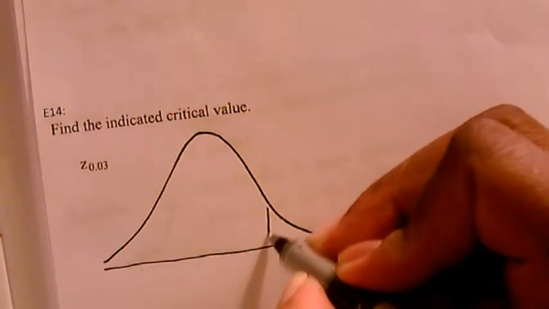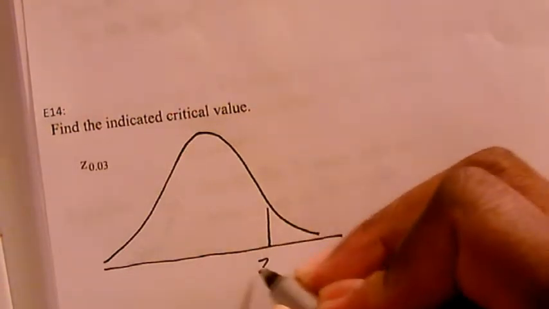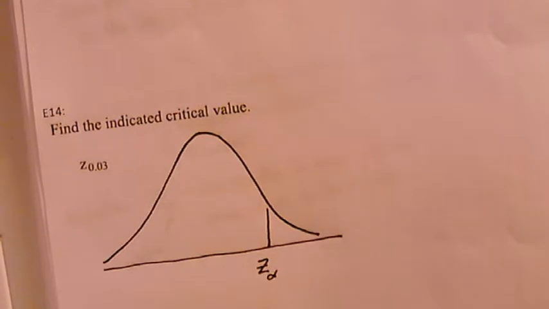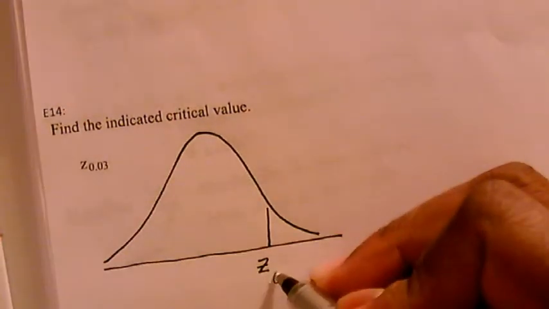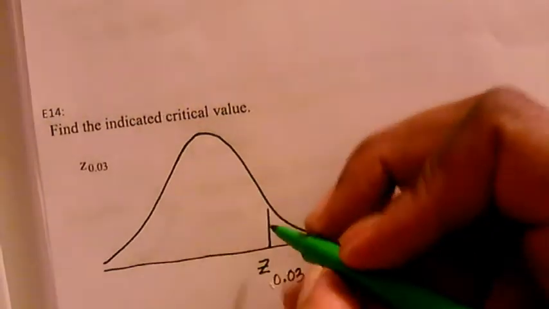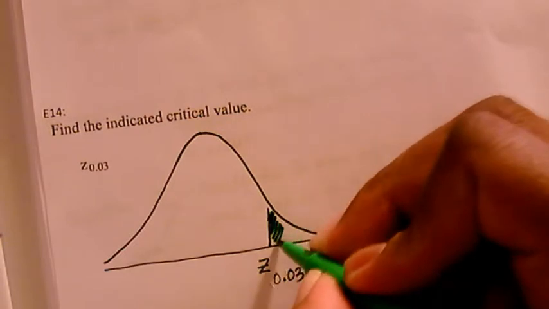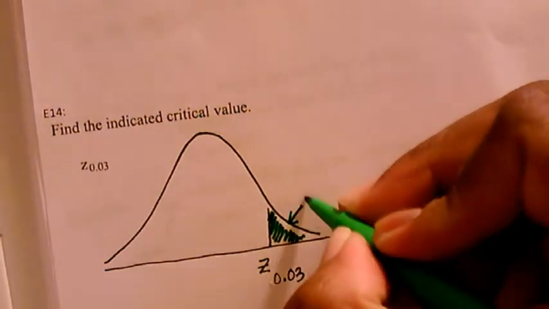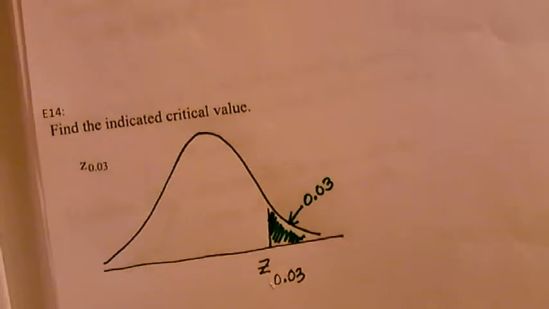So here, this represents Z of alpha, or Z of 0.03, I should say. And it's going to be this shaded area to the right. So this represents 0.03 here.